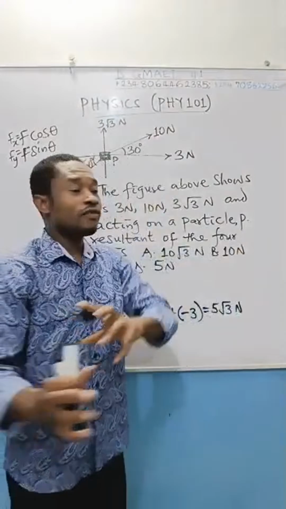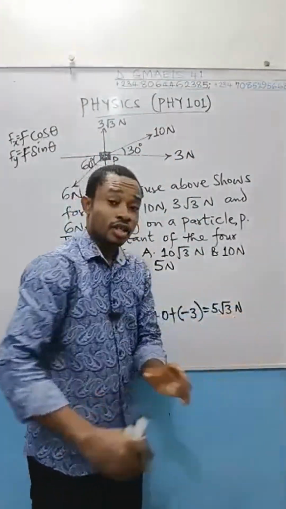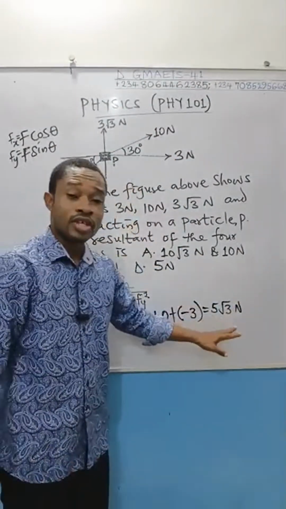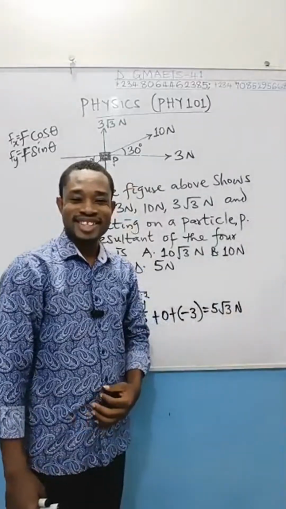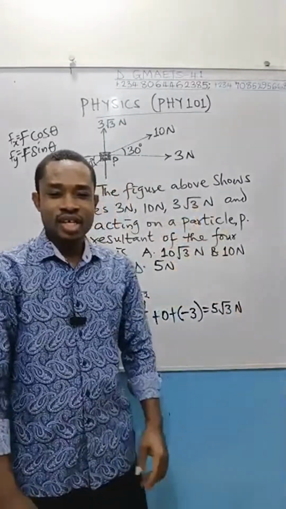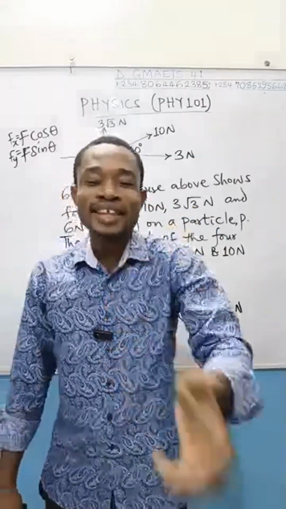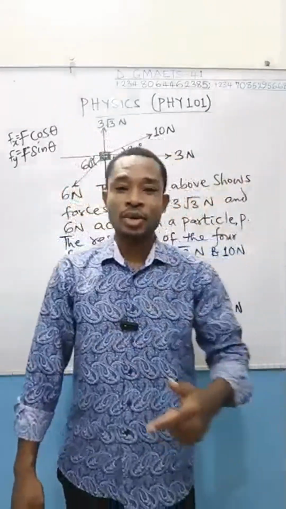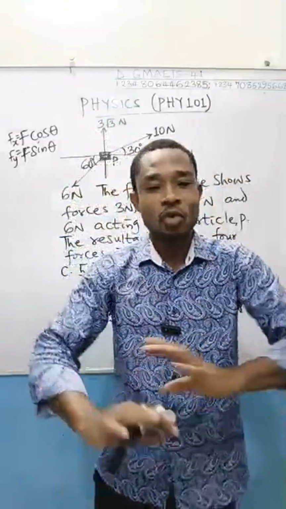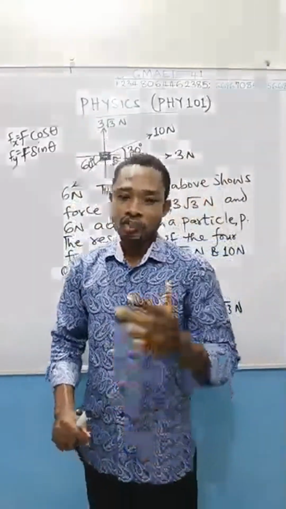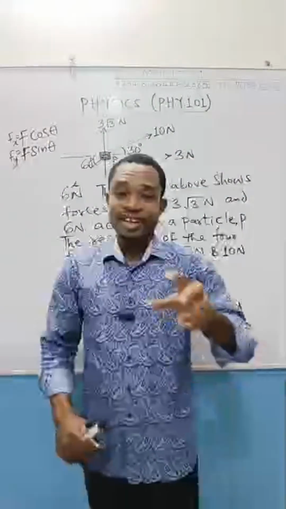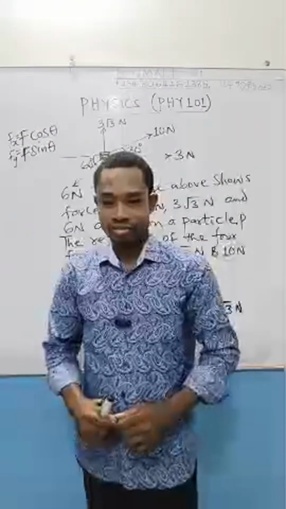So if you resolve all these 4 forces along the horizontal, the total force along the horizontal is 5 root 3 Newton. Quite simple. The reason I'm solving this particular question is just to apply the knowledge of special angles, how you work it very fast even without a calculator. So you appreciate the last live classes we had.